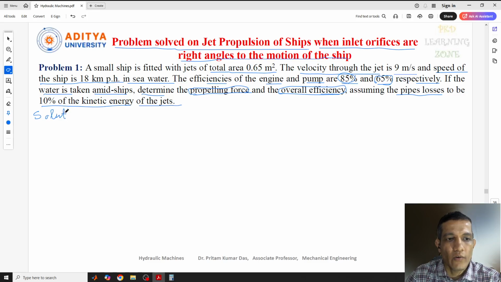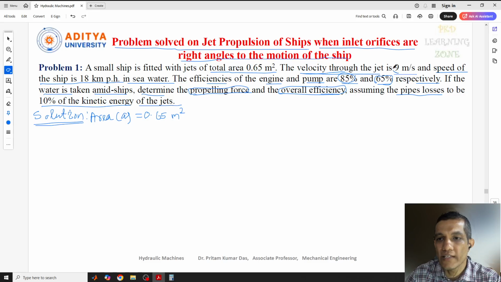So first we need to find out what are the data given in this question, then we'll go for the solution. So first one, in the first line you can see the total area of the jet is given. So we can write, area is given, this is 0.65 meter square, and velocity through the jet is given 9 meter per second.